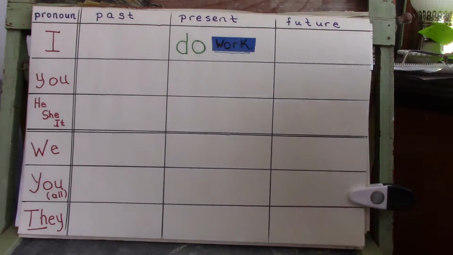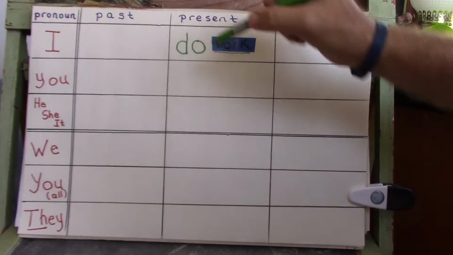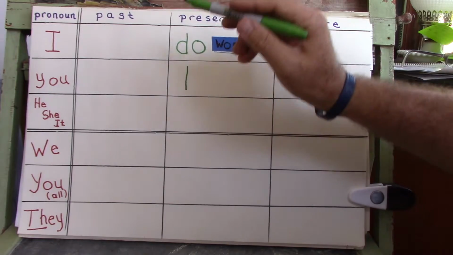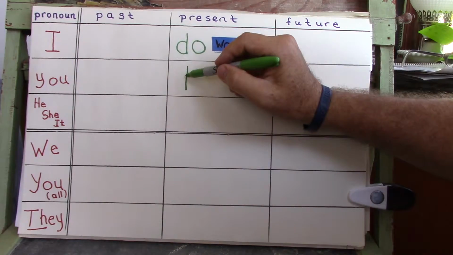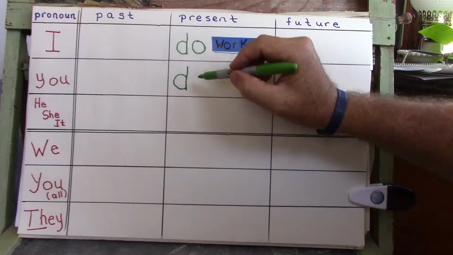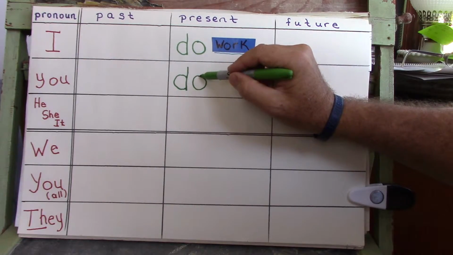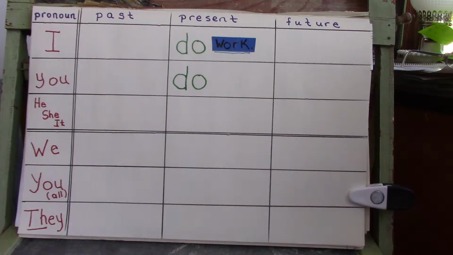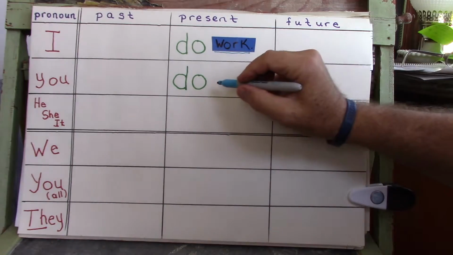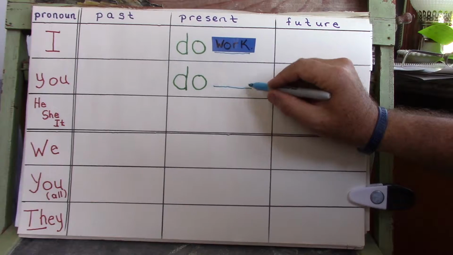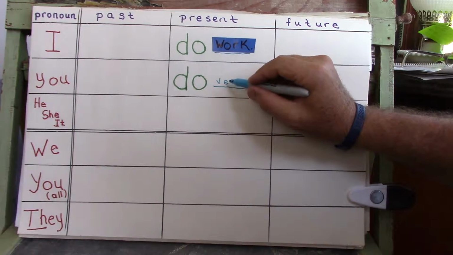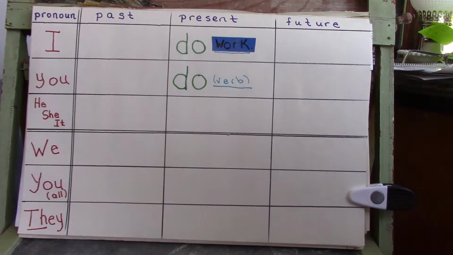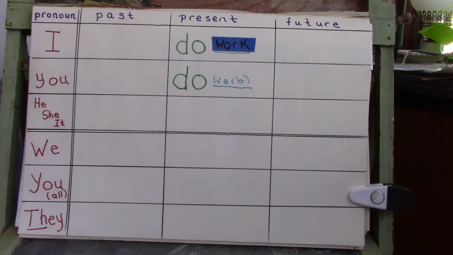The auxiliar for you is the same. It is do. I do work. You do, plus our verb, any action verb in the infinitive.